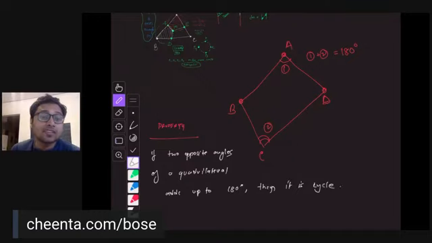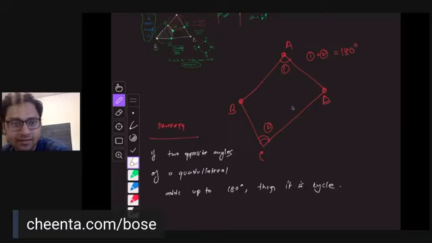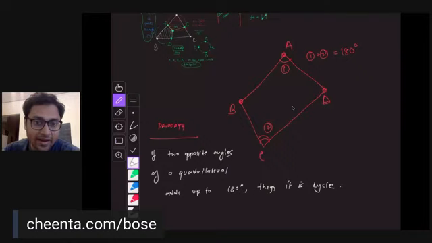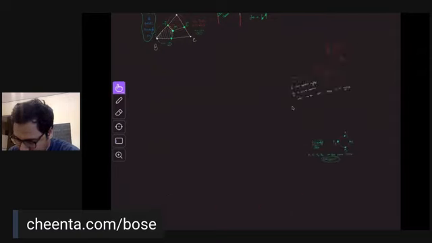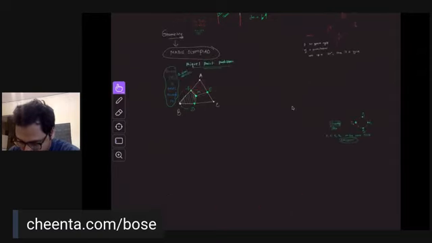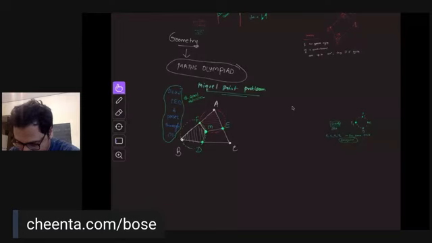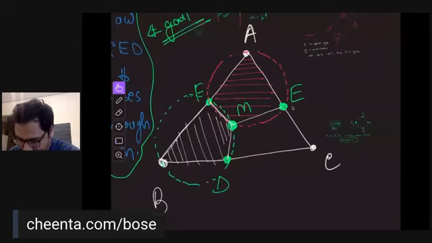Actually, the other thing is also true. If it is cyclic, then the opposite angles will add up to 180 degrees. That's also true. So both of them are actually right. Okay, that's great. So if we can show that the opposite angles of this particular quadrilateral, okay, maybe I can move this, throw this out, pull it down, and zoom it in. Let's do that.